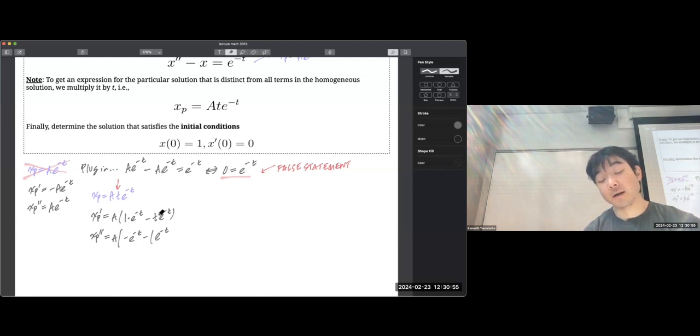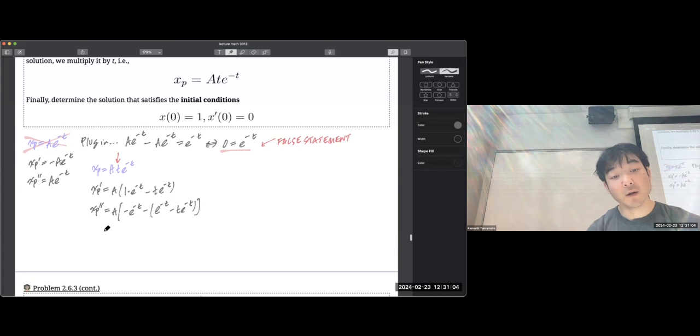And then copy the first times the derivative of the second, but the second is going to give you a negative. So it's going to be this, and this is all in square brackets. So what is this? There's a minus e to the negative t, minus e to the negative t, so there's going to be minus 2 e to the negative t. This and this will become positive. So I'll write that first and say t e to the negative t, and then minus 2 e to the negative t. So that's the simplified version of the second derivative.